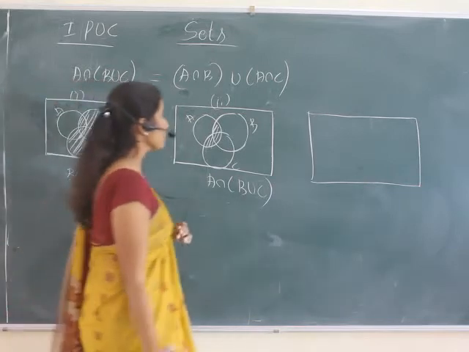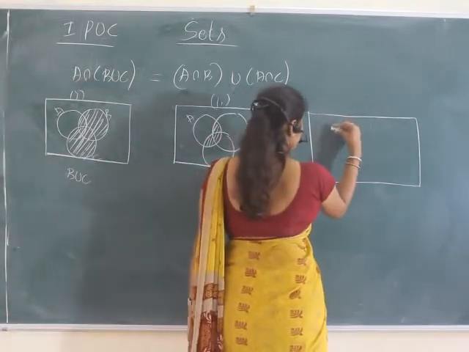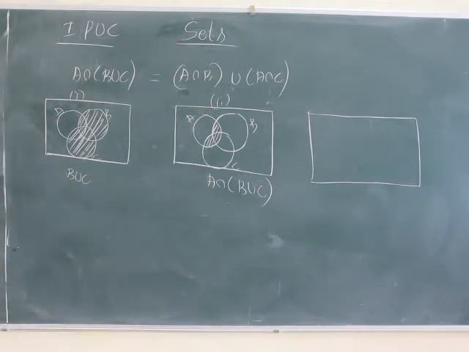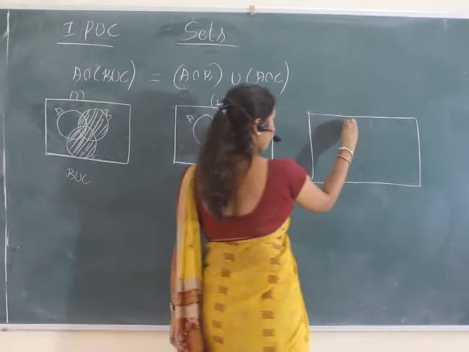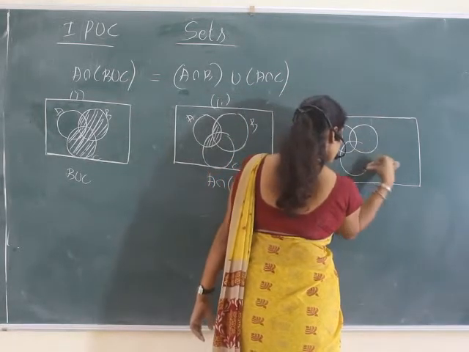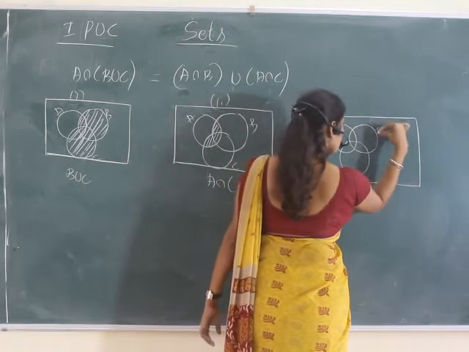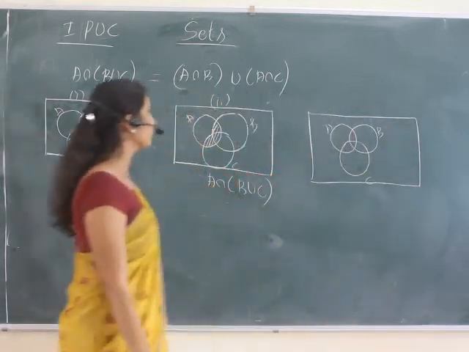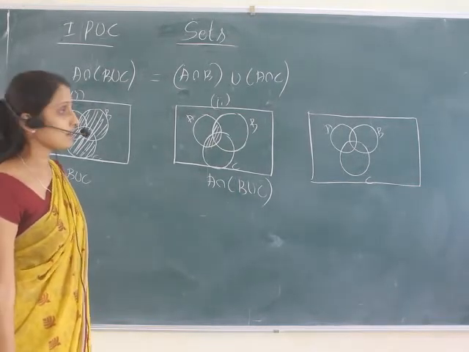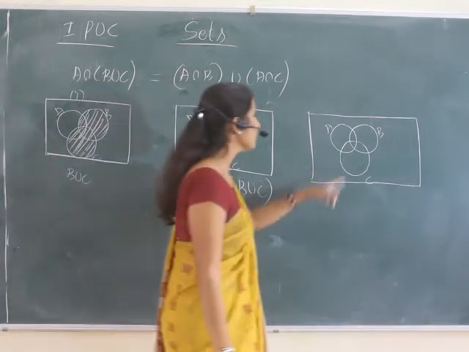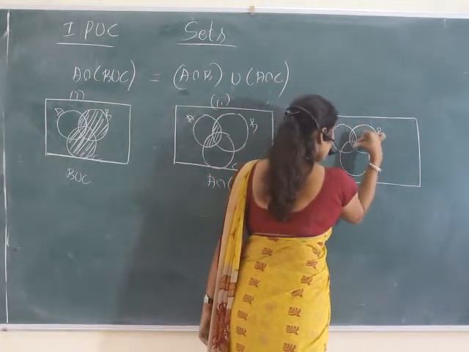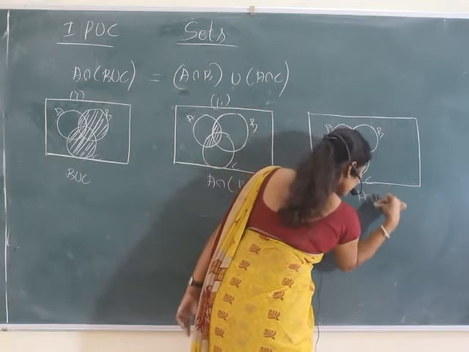So A, B and C, each represented by a circle. But here we want only A intersection B, that means the common region between A and B. So only this region. This is A intersection B.